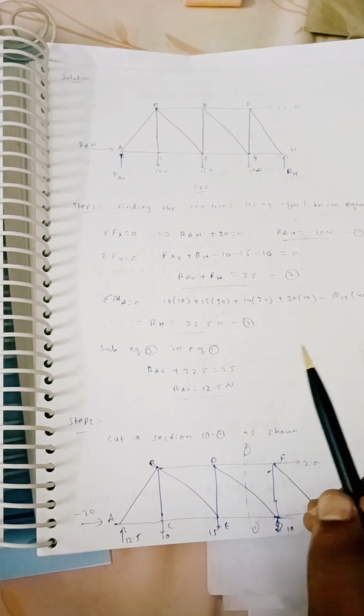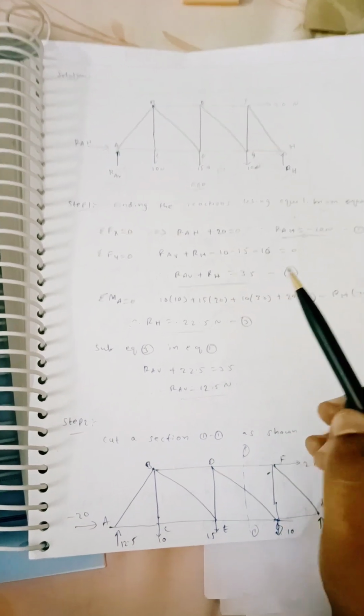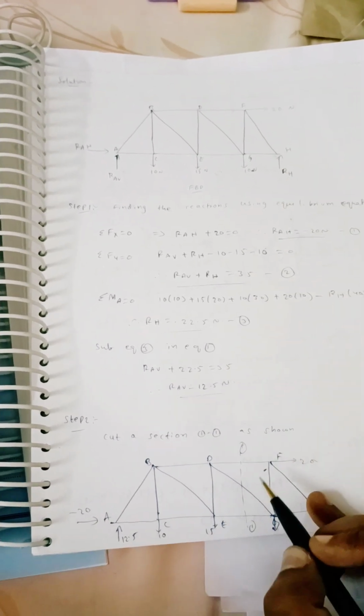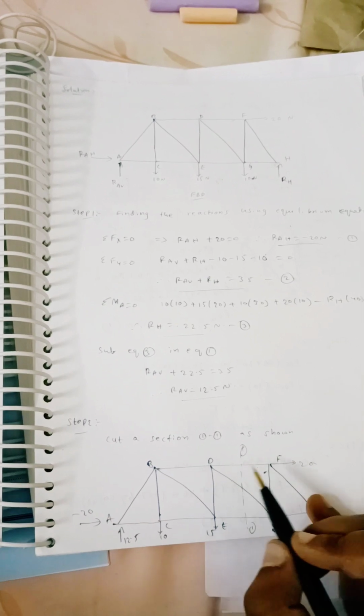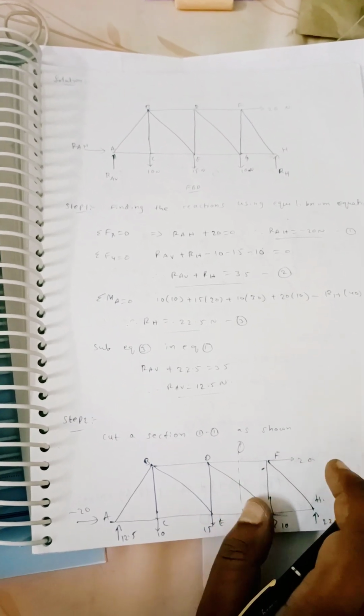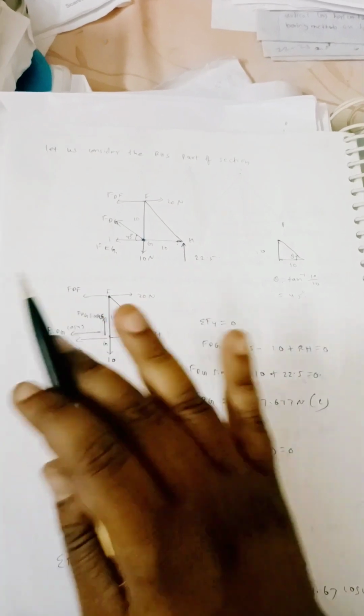But in the method of sections, the second step is that we cut a section in such a way that it cuts the members in which we need to find the forces. After cutting, we can take either the left side portion or the right side portion.